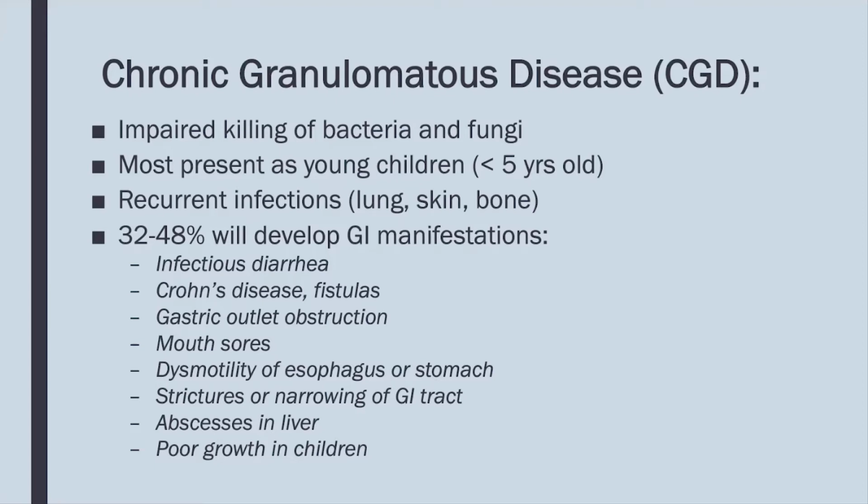Patients with CGD can often have mouth sores. They often have abnormal motility or movement of their esophagus and stomach. They can have narrowing in their gastrointestinal tract. They can develop abscesses in the liver, just like they can in their lungs, skin, and bones. And typically, these patients have difficulty growing and gaining weight and height.